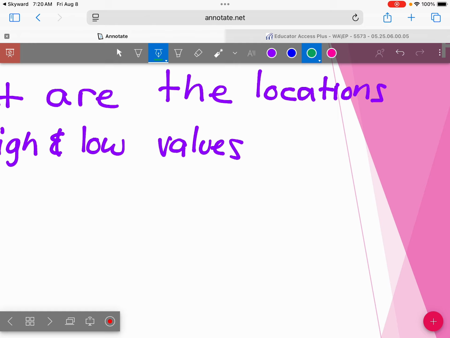Or another way to think about it, it's where our graph turns. So where it goes from going up to going down, where it goes from going down to going back up. So where it's changing directions.